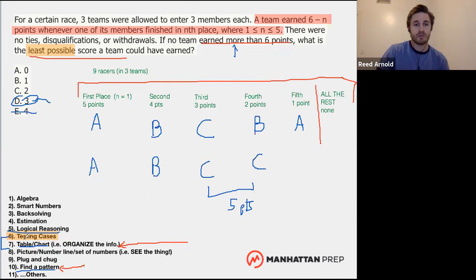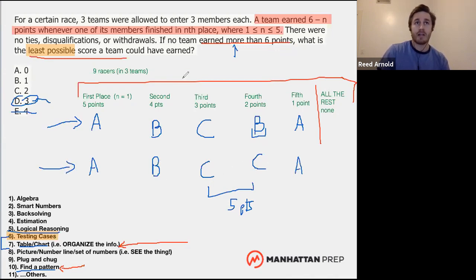JD asks, how were you so sure the 4th place was team B and not team C? In this first case, JD, if I assume that's what you mean, I don't know that this is the order. That's not the question. In fact, it could have been like this second case, which is just as possible.